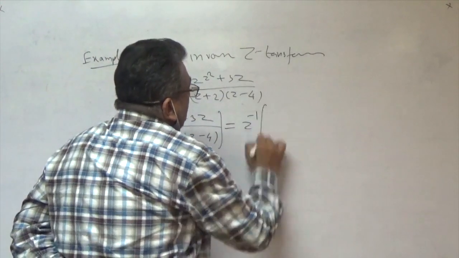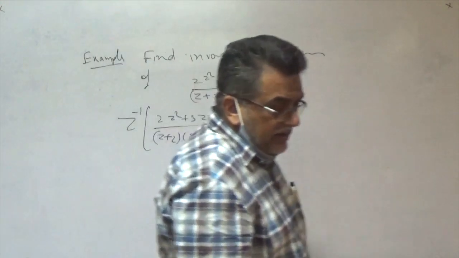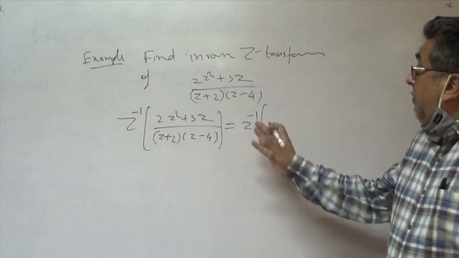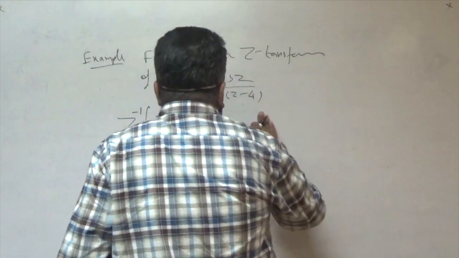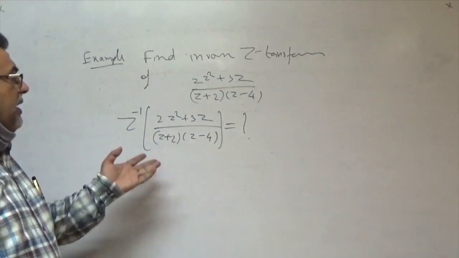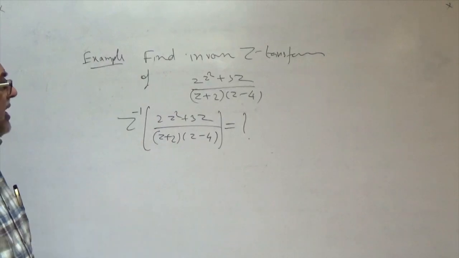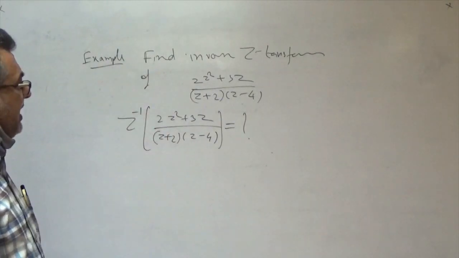If we use the inverse transform here, we take U of z, which we have to find. You use the concept of partial fractions, as you have studied at class 11 and 12 level, by which you can solve this very easily.